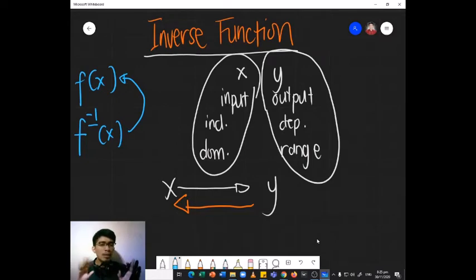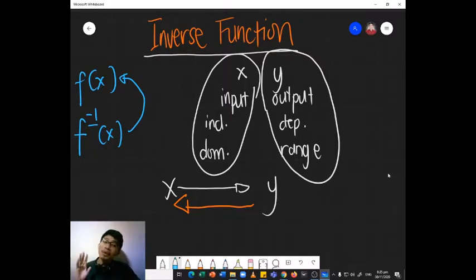From the word itself, inverse, we are going to think in a reverse manner. To understand it even more, let's have different representations of the original function, and from those we are going to get the inverse.